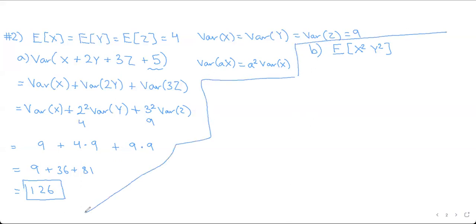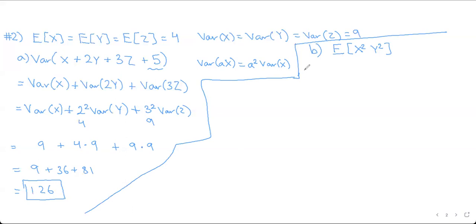So for part B, we're asked to find the expectation of x squared times y squared. Now, we know that x, y, and z are all independent.